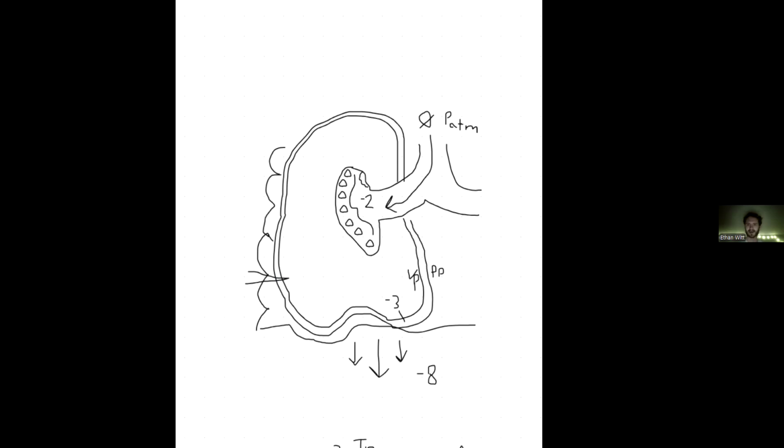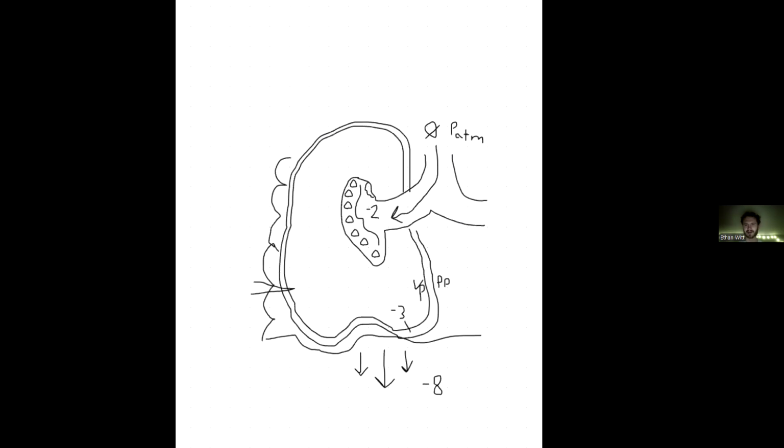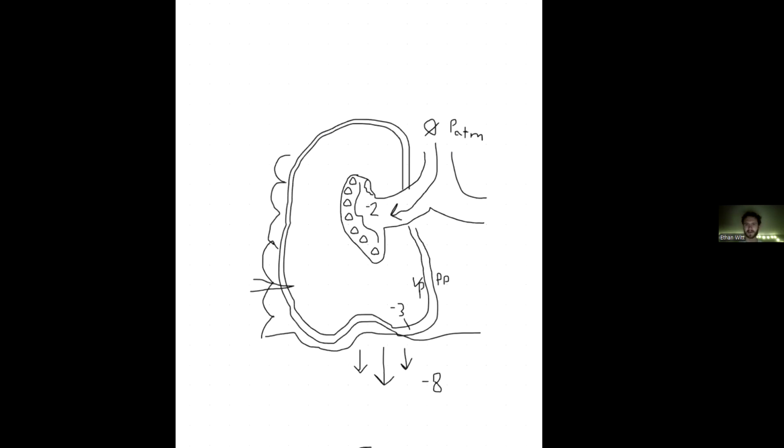And so, outside of the lungs, just in the air that we breathe around us, we have the partial pressure of the atmosphere, or just pressure of the atmosphere. And normally at sea level, we're going to say that it's zero. It's just in this neutral state. And we're going to assume that it's not exerting any pressure on us at this present moment.